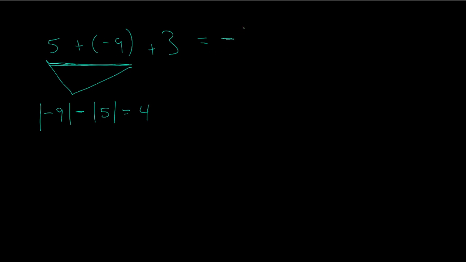So those two would become negative 4 plus 3. And then I'm going to have the absolute value of my larger number minus the absolute value of my smaller number, which is 1. But the sign of my larger number was negative, and so this is negative 1.